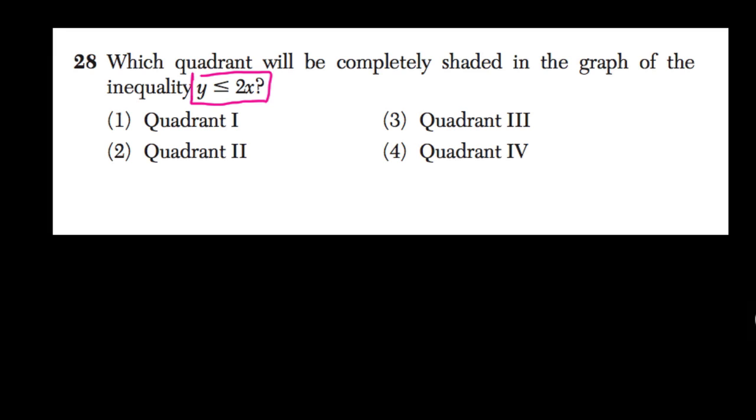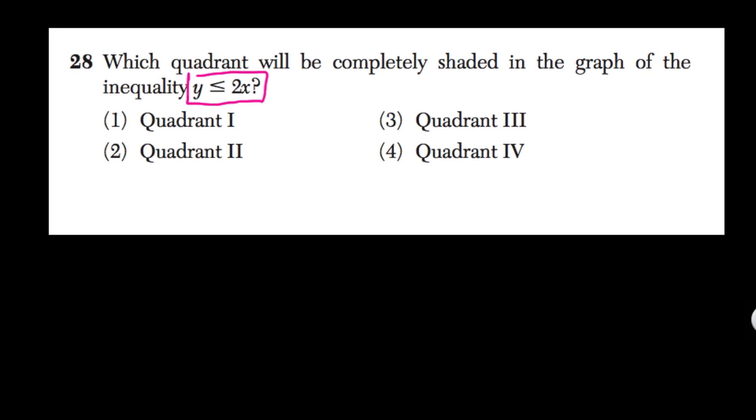Well, visually and quickly, I could set up an axis. I would probably even just think about this, because this is a question that can really hone in on our intuition. So if I set this up, the first thing I'm going to think about is how would I graph something like y equals 2x? What would that mean?